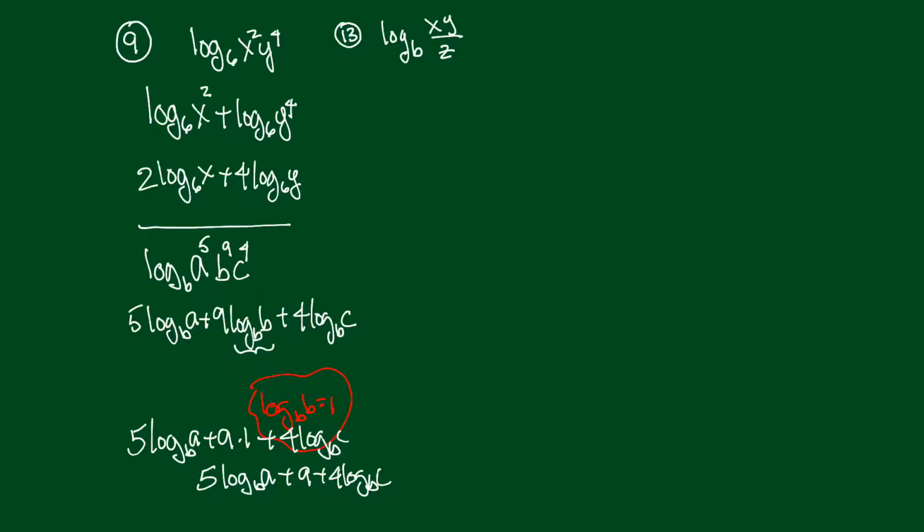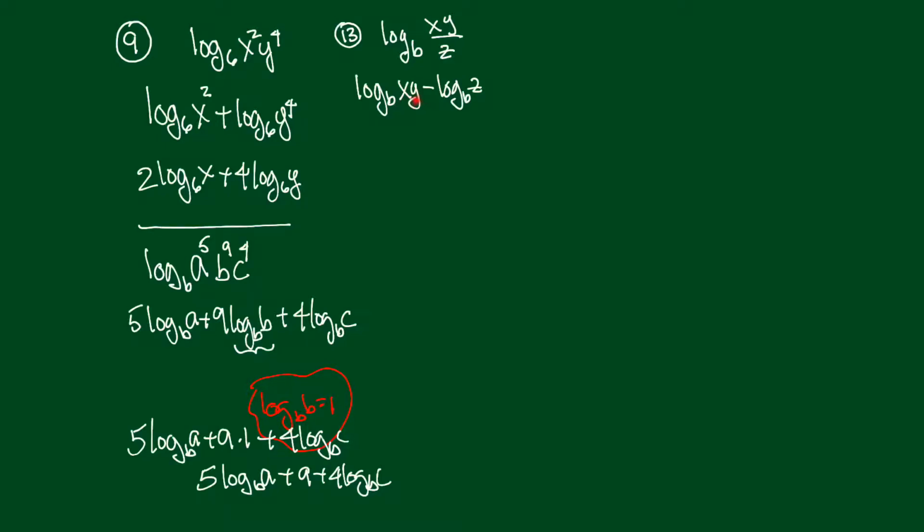Look at this 13. What are you saying here? Do you see a product, a quotient, or something to a power? Well, when I look at that globally, I'm seeing a quotient. Now, the quotient rule says take the log of the top minus the log of the bottom. So I'm going to write this now as the log base b of the top, which is xy, minus the log base b of the bottom, which is z.